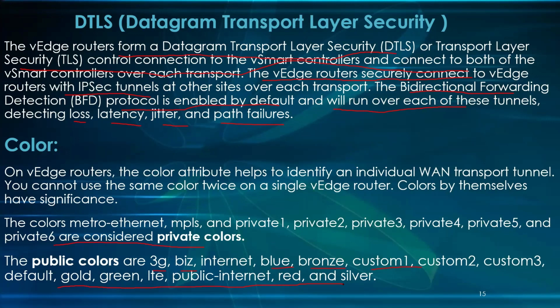But the only difference is that these are fixed. You cannot say Vishnu, you cannot say AKA, you cannot say Ramu, whatever, right? You have to only give the color name based on these pre-populated colors. Okay.